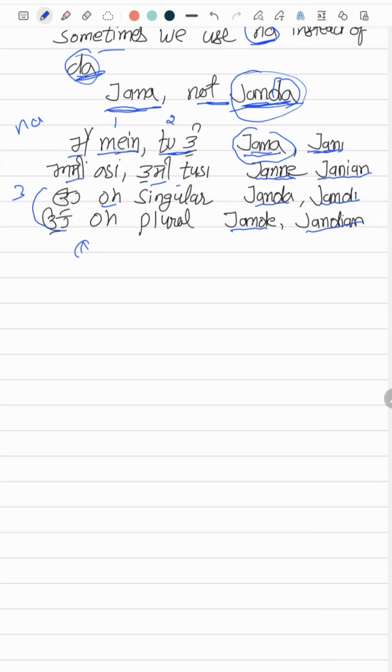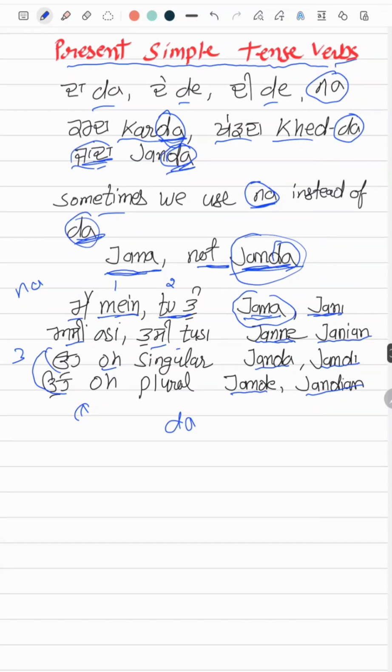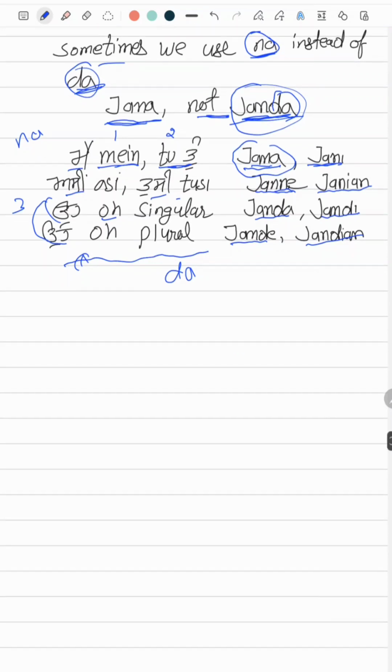If oh is used for singular masculine, singular feminine, or plural, whatever, then you say the da sound with any verb in present simple tense. Now, this is not enough. You understand this one, but there's more to know, because not all the verbs ending with the da sound are going to be turned to the na sound.